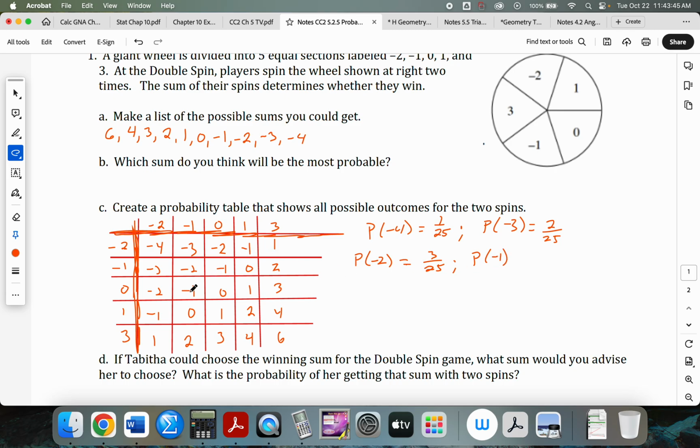There's 1, 2, 3, 4 of them. There's 4 -1s, right? 1, 2, 3, 4. Am I counting that wrong? No, it's 4. Okay, so that's 4 out of 25.